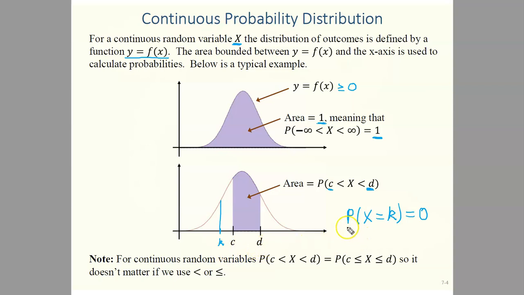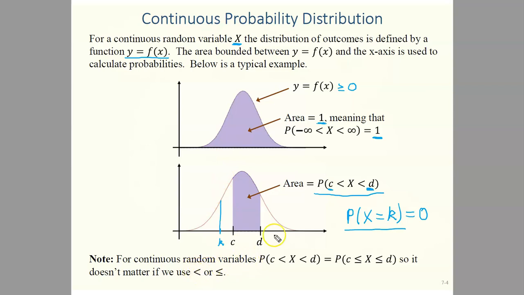So we no longer talk about this type of probability anymore for continuous random variables because it's always 0. Instead, we talk about probabilities like the probability that x falls between two numbers. And that's going to be represented by the area underneath the graph of your function f of x. And that function f of x is called your probability density function.